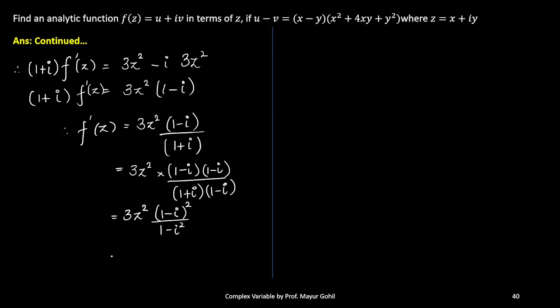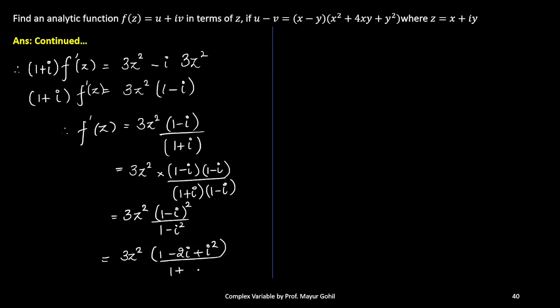And yeah, so let us expand the numerator. So 3z square as it is, 1 minus 2i, minus, like you will have actually i square. Let me do the basic expansion, so it will be clear.